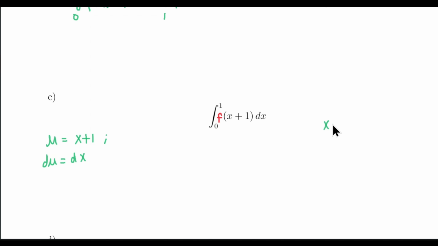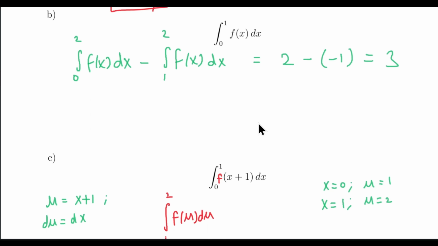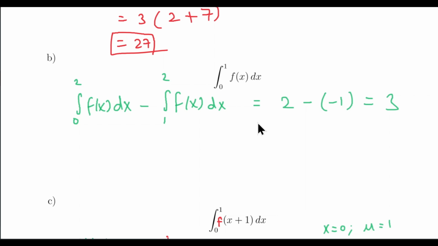When the lower bound is 0, x is 0, u will become 0 plus 1, which is, of course, just 1. And when I have the upper bound as 1, the u will become 2. So the integration will be from 1 to 2 of f of u du. And the benefit of doing this is I do have 1 to 2, right? There you go.